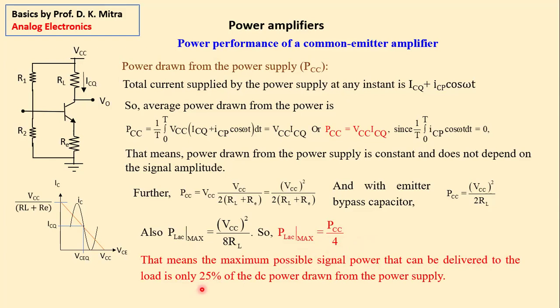That means if you have to deliver 1 watt sound power, then you need a 4 watt battery power supply. This is a poor performance. In fact, at the very beginning, I commented that these common emitter signal amplifiers are poor power amplifiers. This is one reason. It consumes 4 times the power from the battery than the sound power that it can deliver to the load.